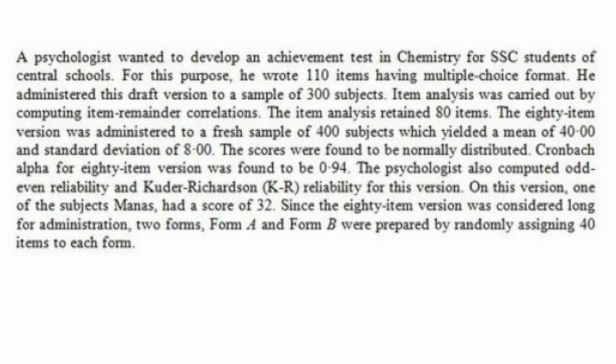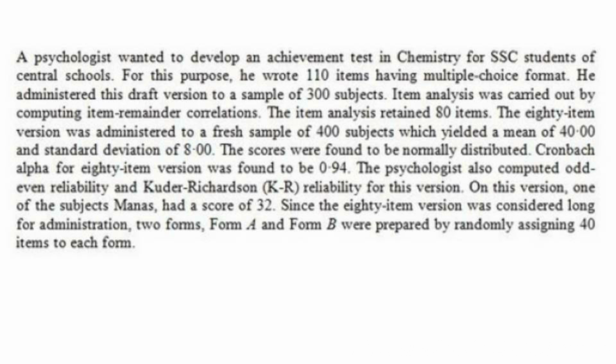He administered this draft version to a sample of 300 subjects. Item analysis was carried out by computing item remainder correlation. What is this item remainder correlation? That has to be explained. The item analysis retained 80 items, so some items were rejected. From 110 items it was reduced to 80 items.